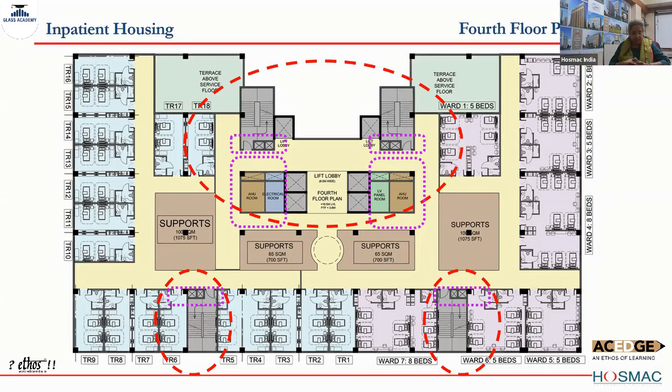One more thing I must tell you is that it is always a good practice to give dedicated lobbies to lifts. We should not open lifts in corridors, because when the stretcher comes out, there could be lots of people wanting to get into the lift, and that just delays movement.